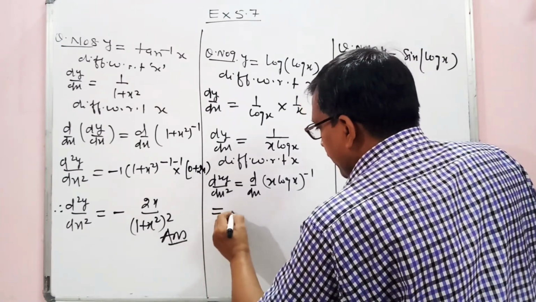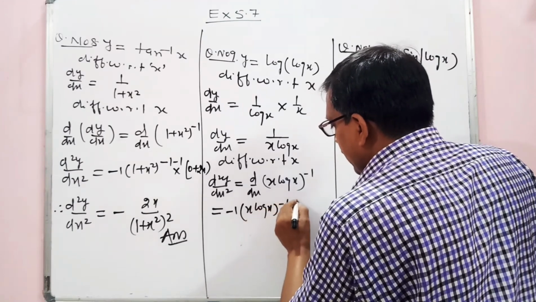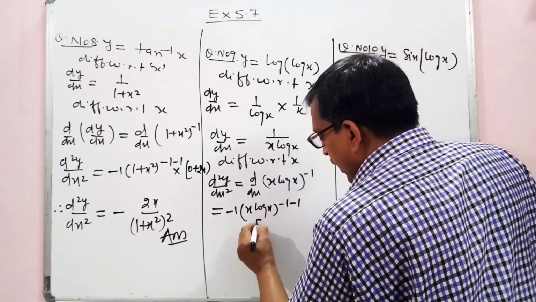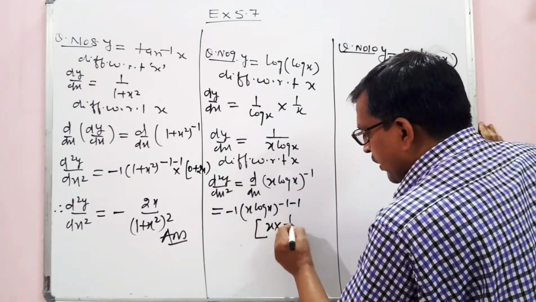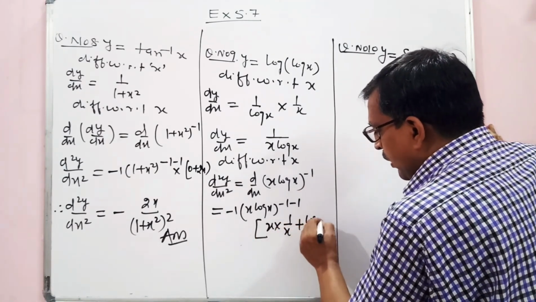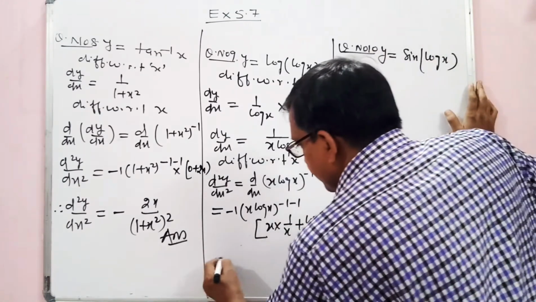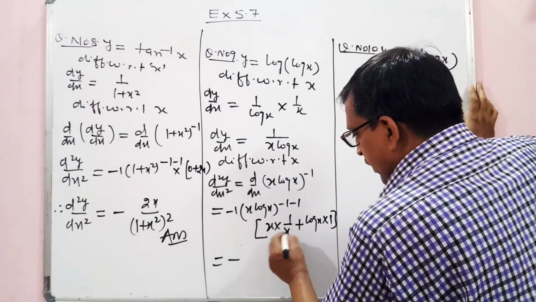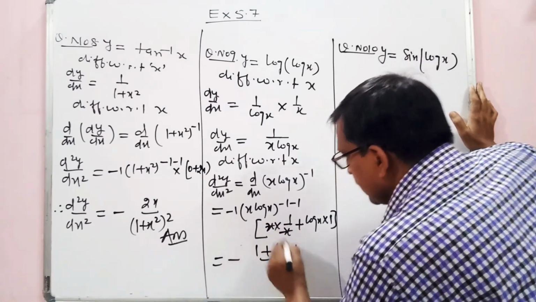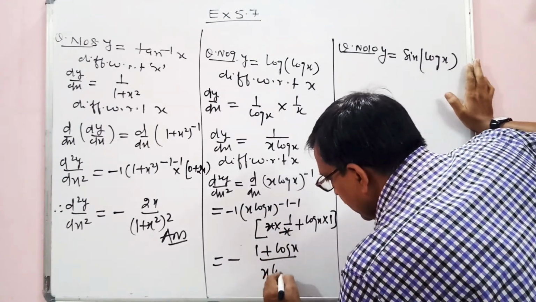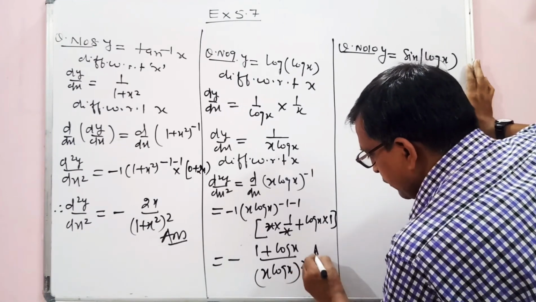Now you see here, the power comes forward, x log x to the power minus 1, and for x log x the product rule is applied: x into 1 upon x plus log x into 1, minus this one, x and x cancel, 1 plus log x, and this one x log x to the power minus 2 written downwards.